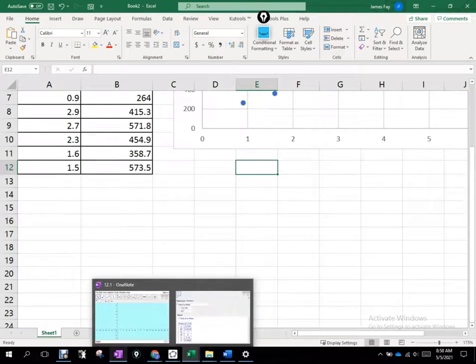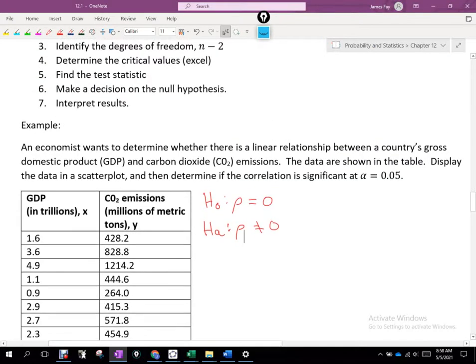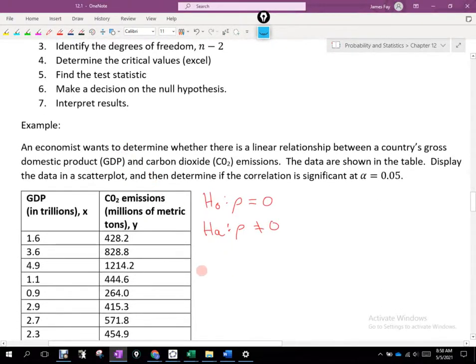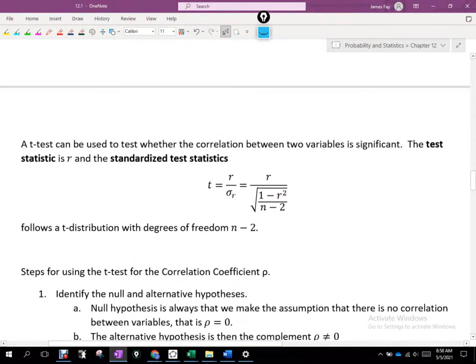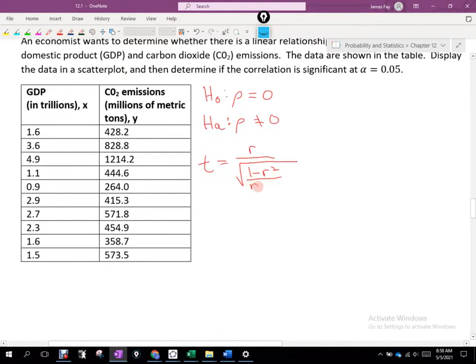Now let's actually do the test. The test statistic is t, which is going to be our correlation coefficient r divided by the square root of (1 minus r squared) over (n minus 2). That's the test statistic.